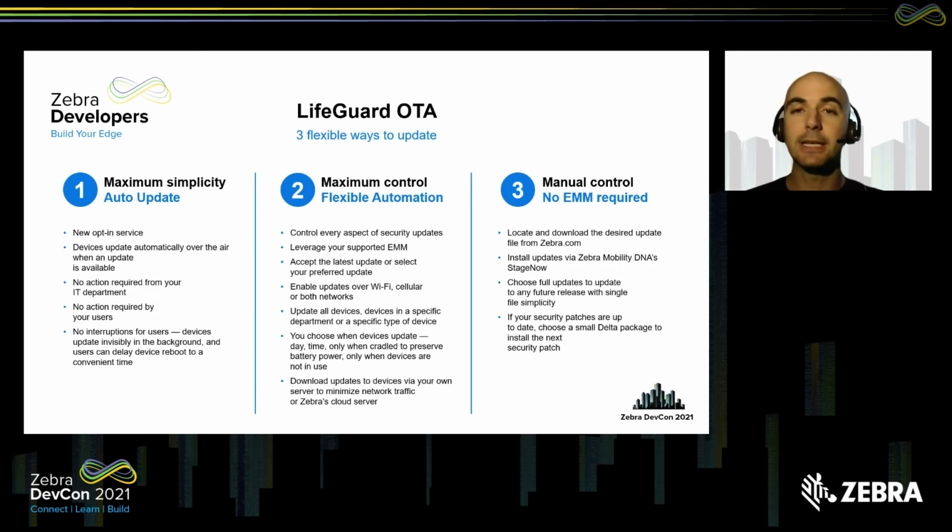And when that update is available, your device is automatically going to go get it, install it in the background, and keep you up to date and secure. You could think of this as your consumer-like experience. So we believe with these type of options, our customers have the most control as well as maximum simplicity available at their fingertips.